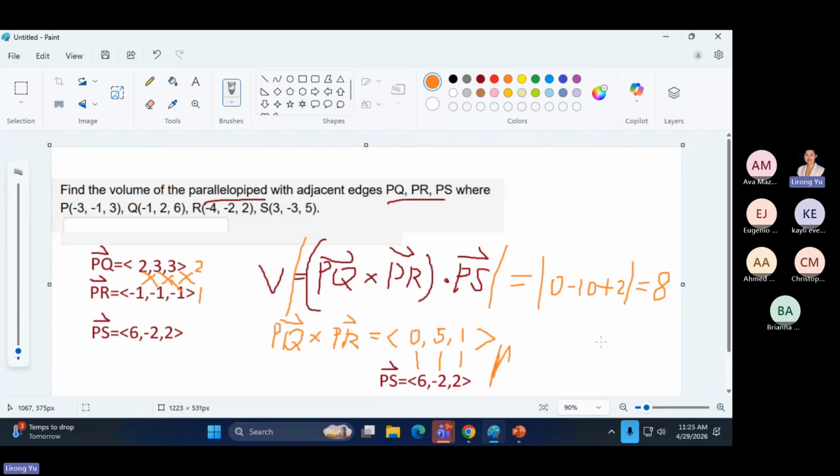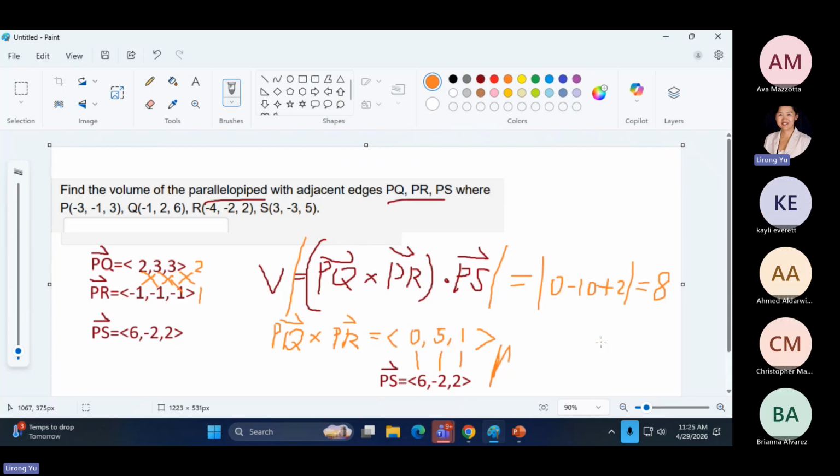I feel like I probably made a mistake in the process. I don't know which one, 3 minus 3, 3 minus 1. I tend to make mistakes with the cross product.